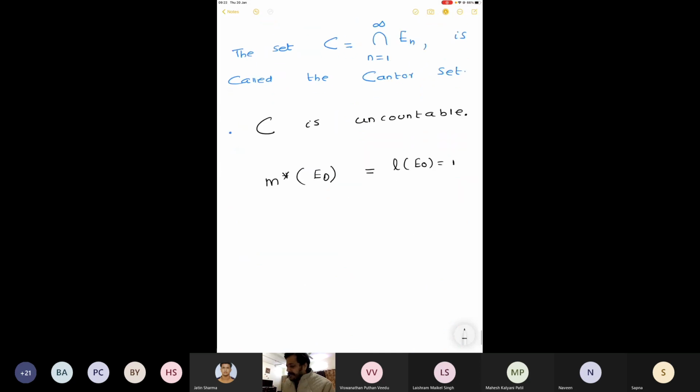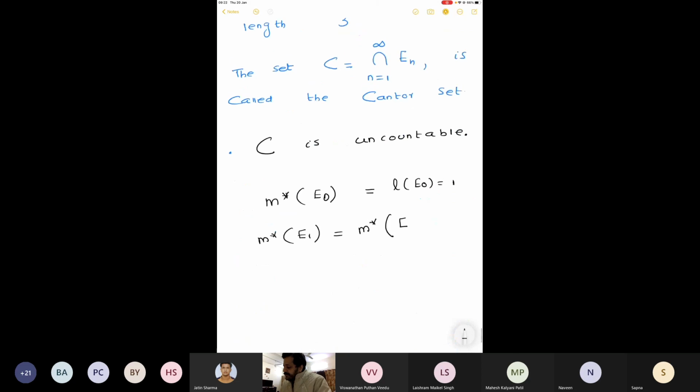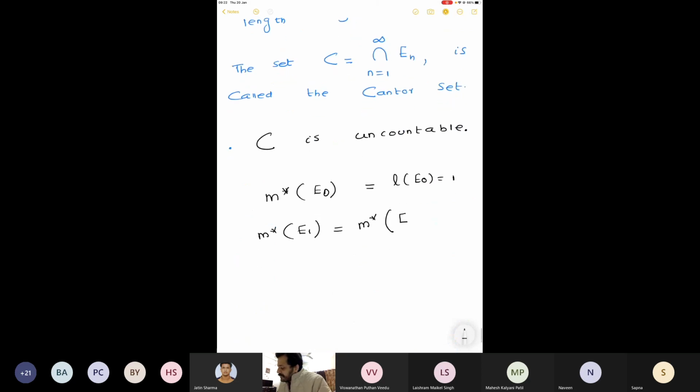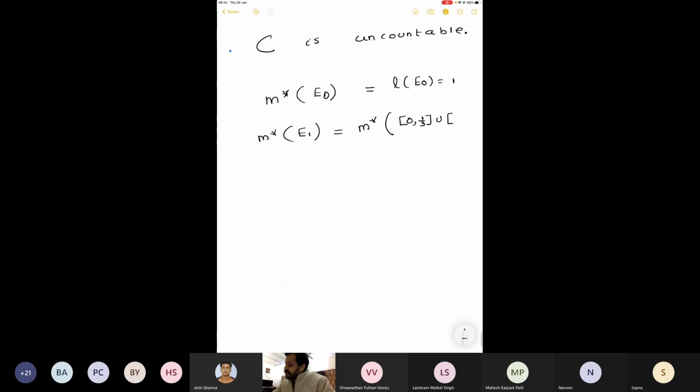And for M star of E1, apply the previous result. M star of E1 is M star of what is E1? 0, 1 by 3 union 2 by 3, 1.